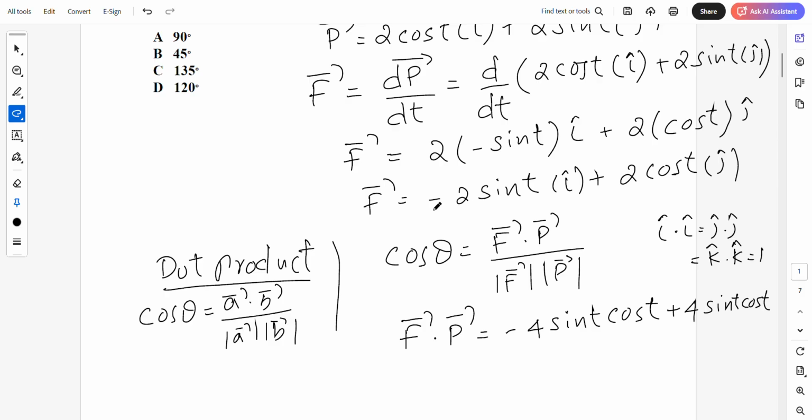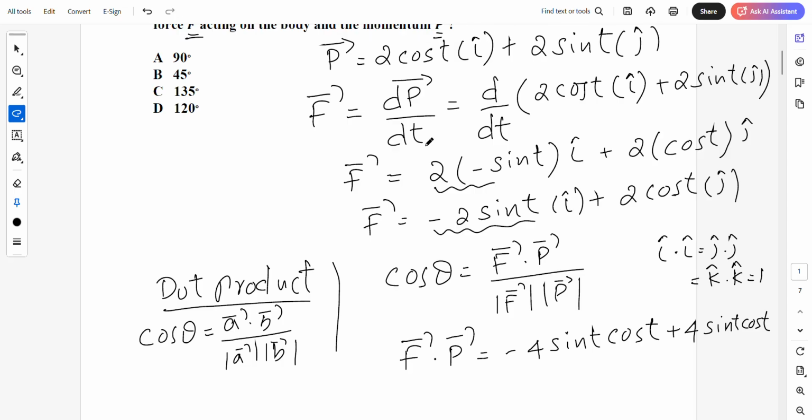You are supposed to multiply this and this, in vector P and vector F. 2 into minus 2 is minus 4 sin t cos t plus 2 into 2 is 4 sin t cos t.